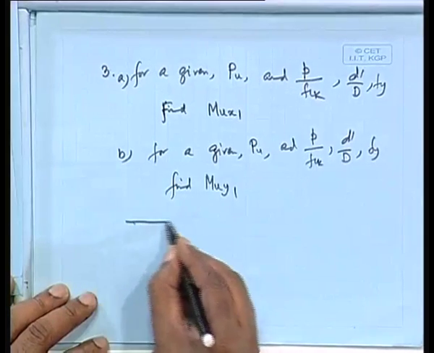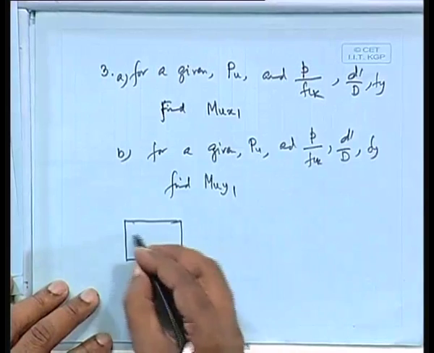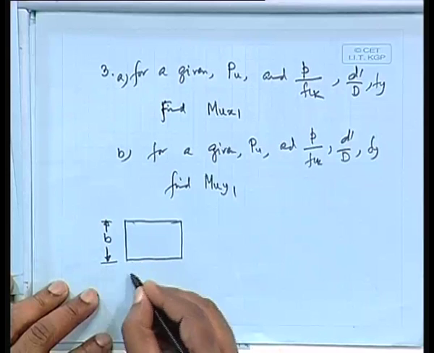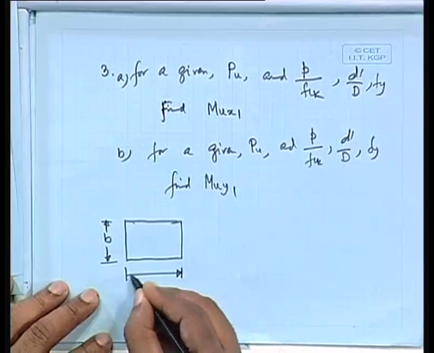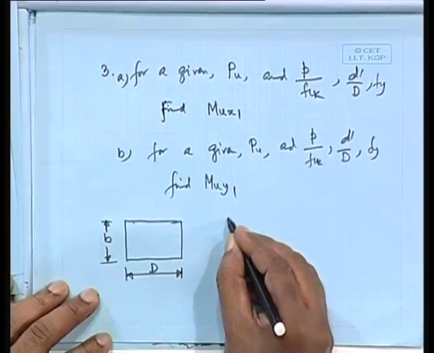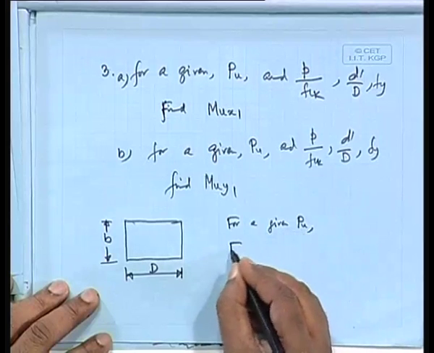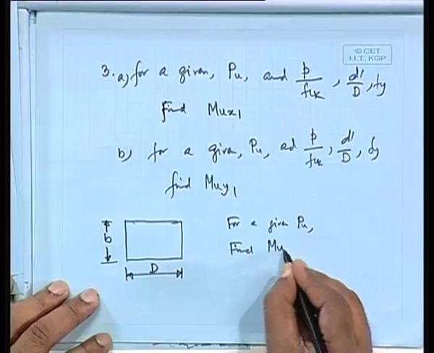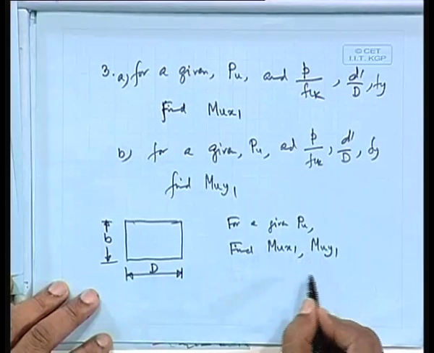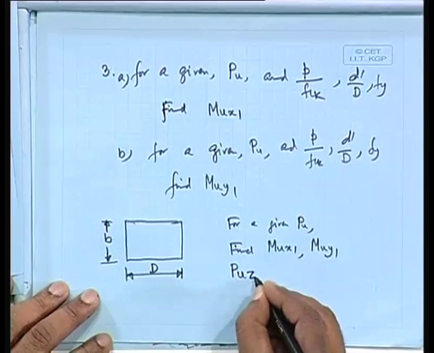So, if this is your section, with dimensions B and D, I can find out Mux1 and Muy1. Not only that, I can also find out Puz.